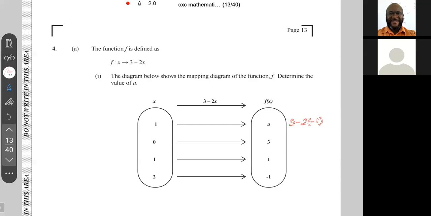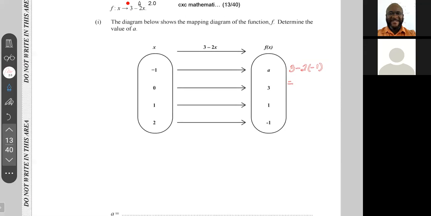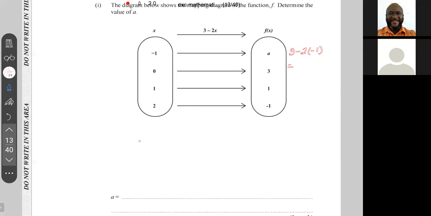All right, so guys, a negative times a negative is a positive. So in a sense, we have f of x is equal to 3 minus 2x. Now, essentially what we're being asked is to find f of minus 1.